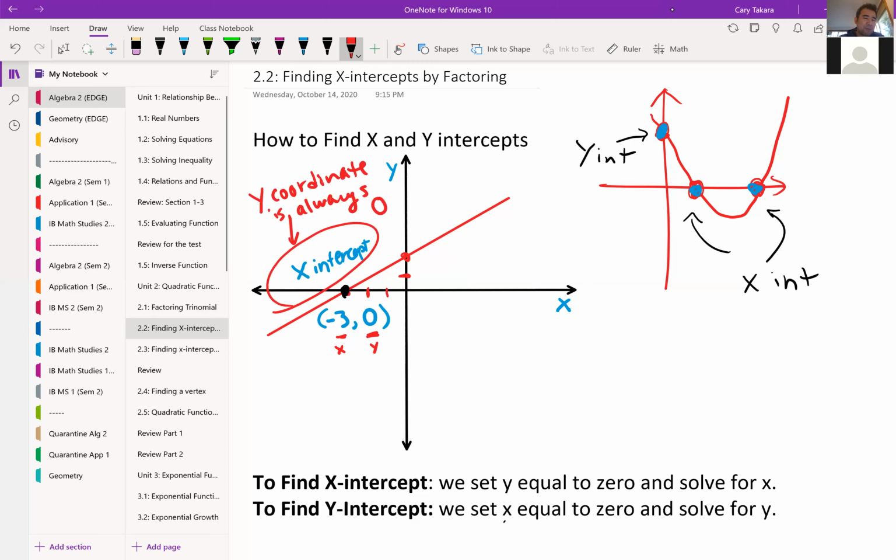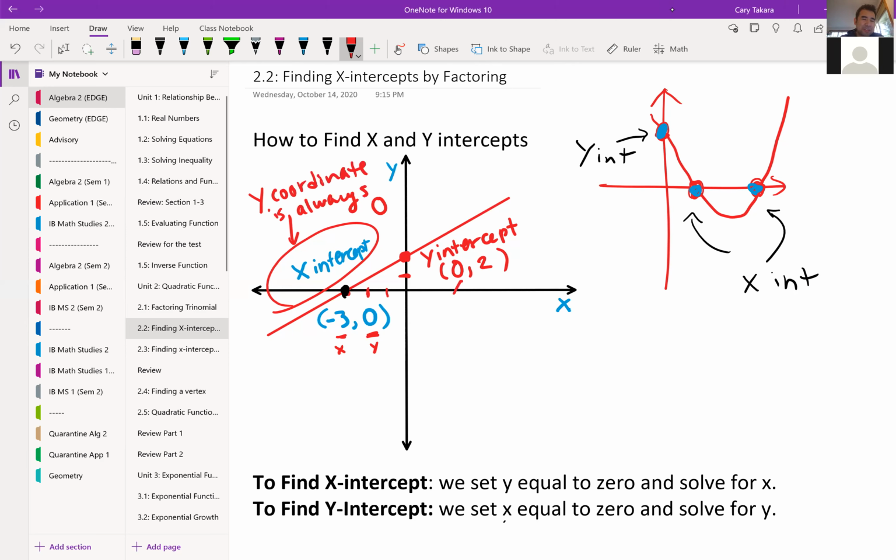Now for this y-intercept right here, what is the coordinate, by the way? Isn't that (0, 2) in this case? You see what I'm getting at?